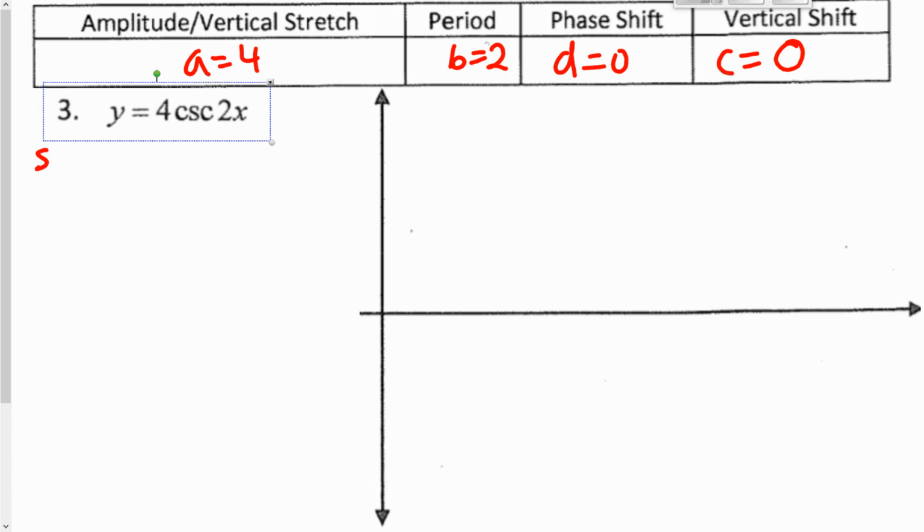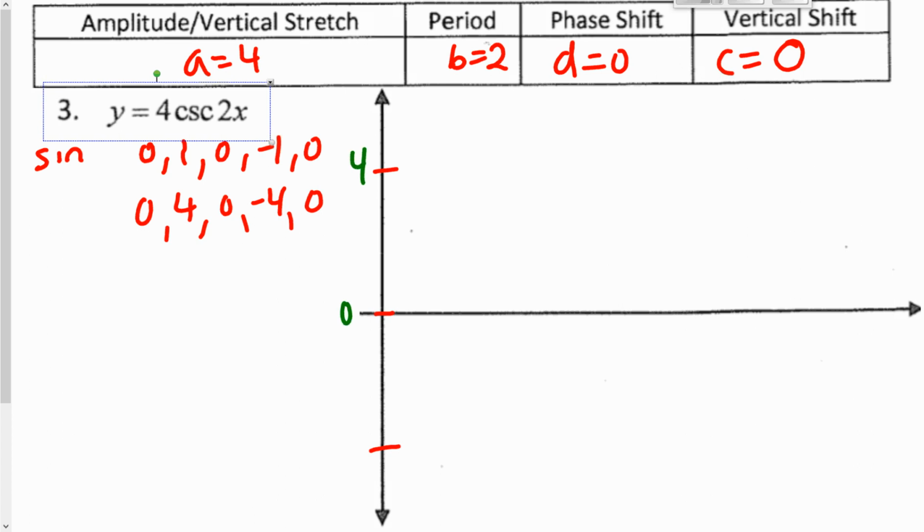Cosecant has to do with sine, and sine is 0, 1, back to 0, negative 1, back to 0. Then we multiply those by our a, so we get 0, 4, 0, negative 4, 0. We put those on our board. So up to 4, 0 in the middle, negative 4, 0, 0, 1, 0, negative 1, and back to 0.